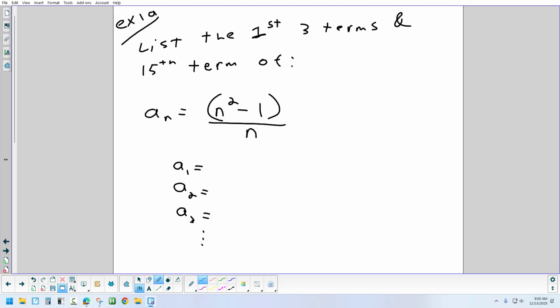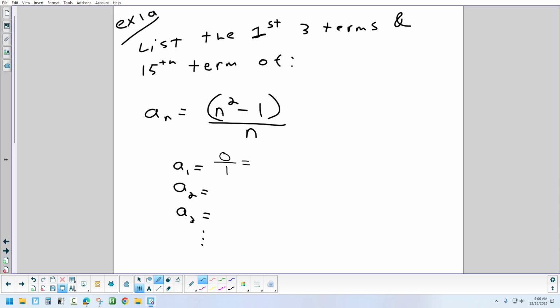So let's fill in 1 for n. What's 1 squared? 1. And what's 1 minus 1? 0. And then we'd have 0 in the top. We'd have 1 in the bottom. What's 0 divided by 1? 0. When 0's in the bottom, it's undefined.